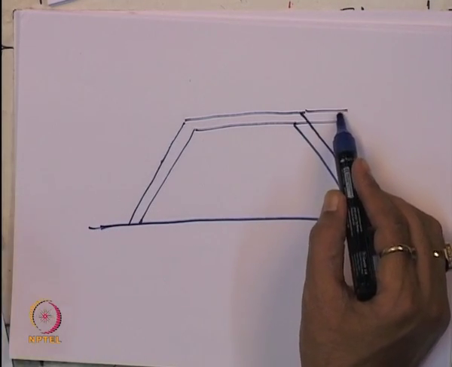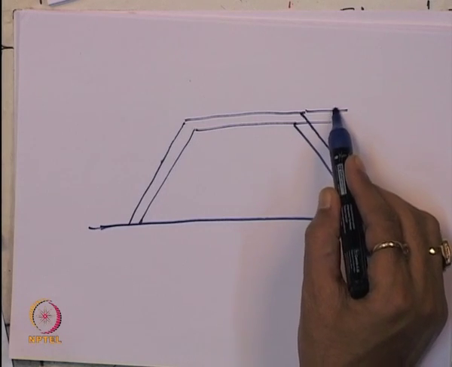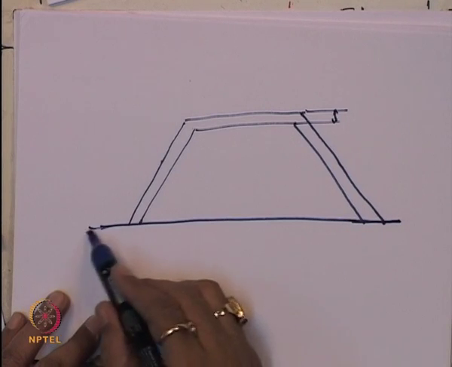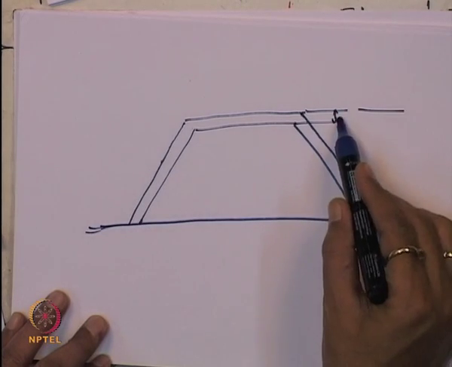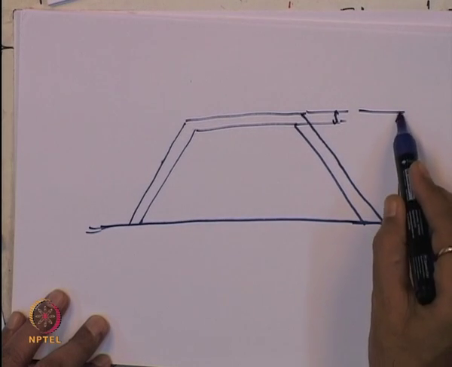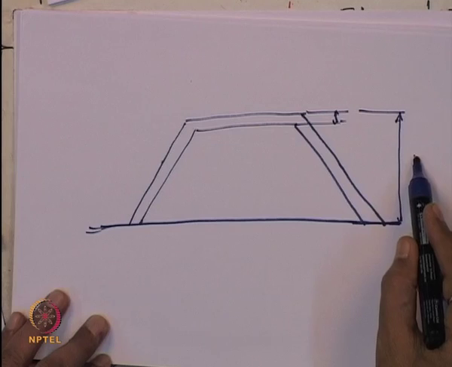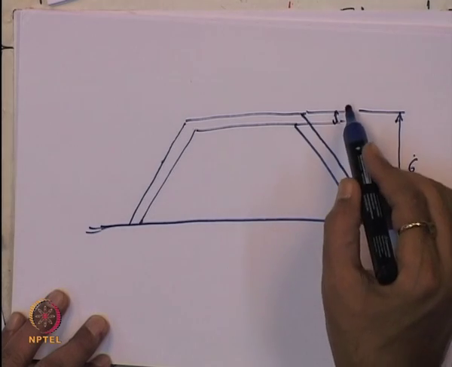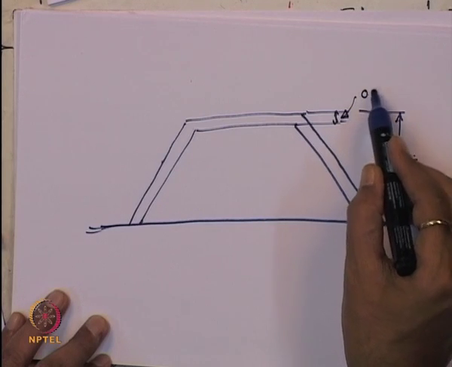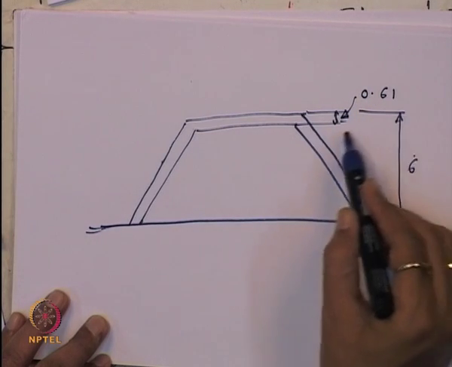So this is the pavement system here, and this is the total height, which is 6 meter, and this part is equal to 0.61.